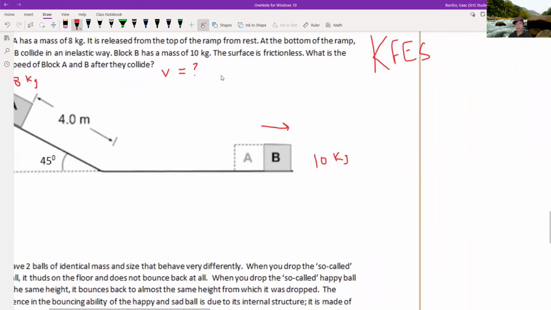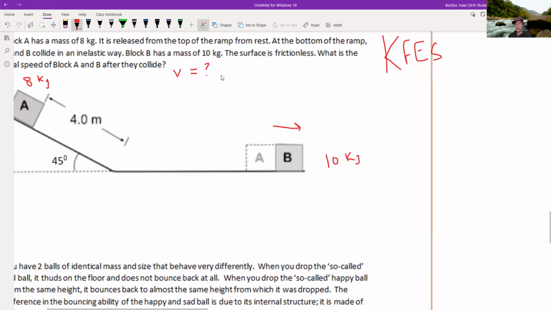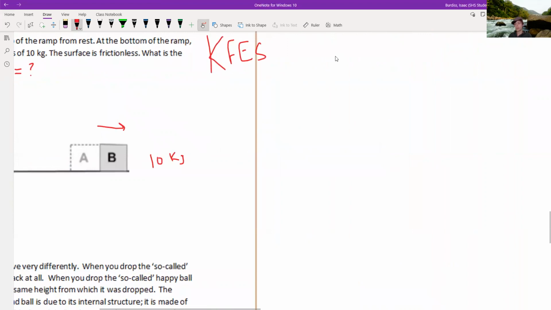What equations can we use? Well, what do you usually do to find velocity at the bottom of a ramp? Usually we use the kinetic energy equation. But how do we figure out the kinetic energy? Well, we know that initial energy equals the final energy because it is frictionless.